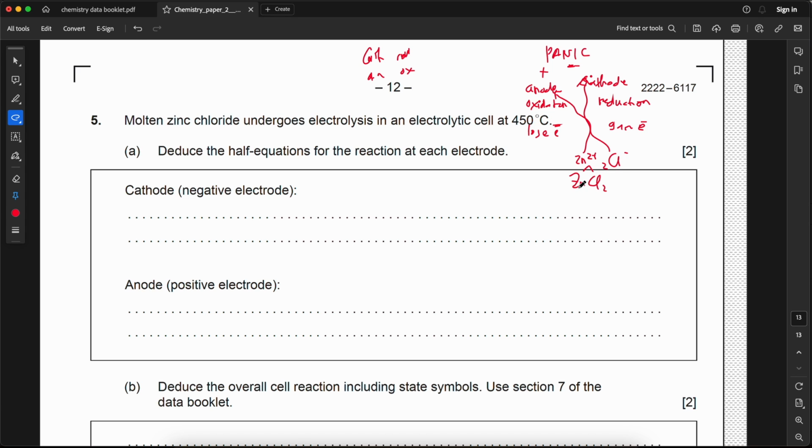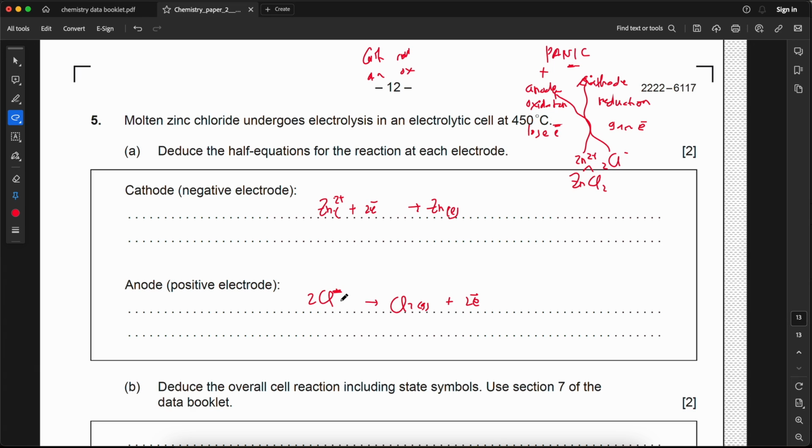The one that experiences reduction would be Zn, so reduction, that would be gaining electrons. So Zn2+ plus 2 electrons produces Zn here. Okay, so for the positive electrode, that would be Cl. So 2Cl minus produces Cl2 gas and 2 electrons. So it's balanced, 2Cl minus here.